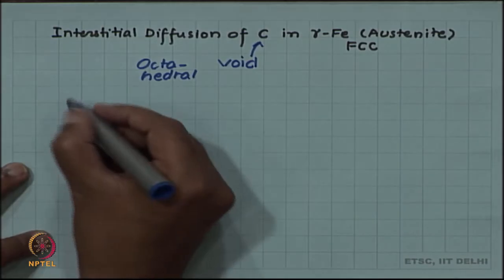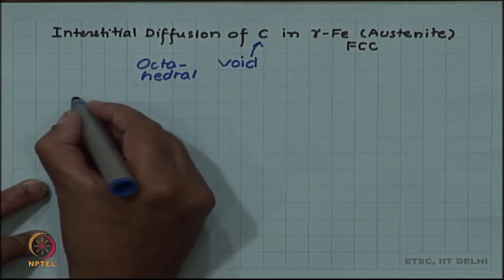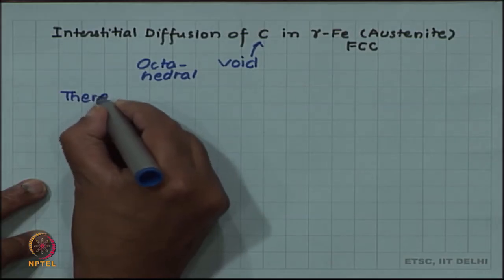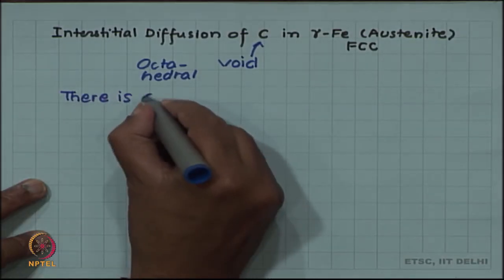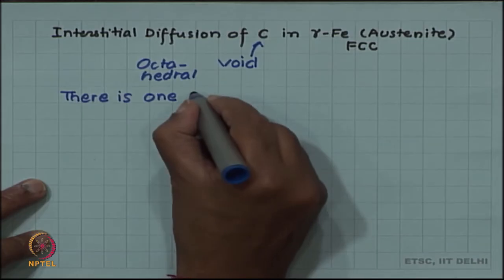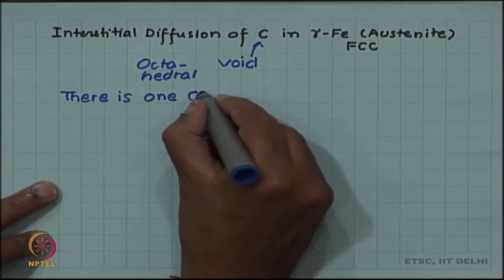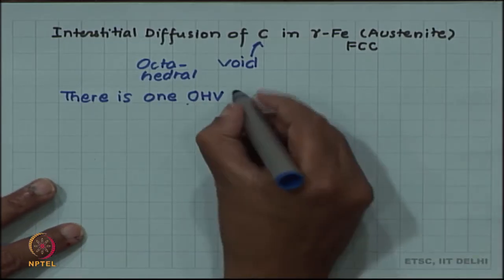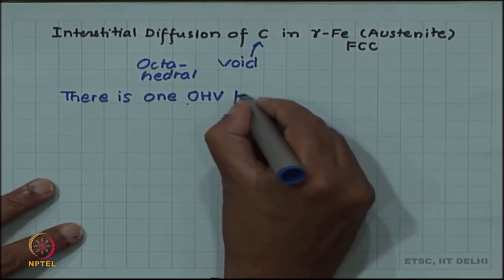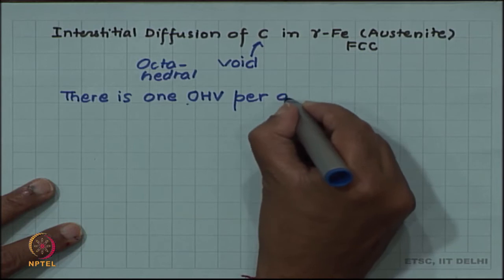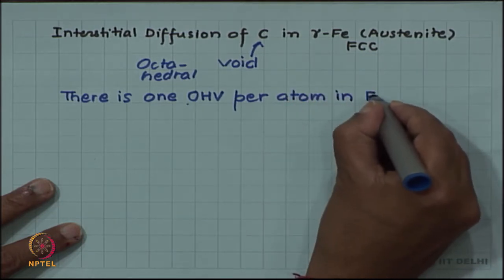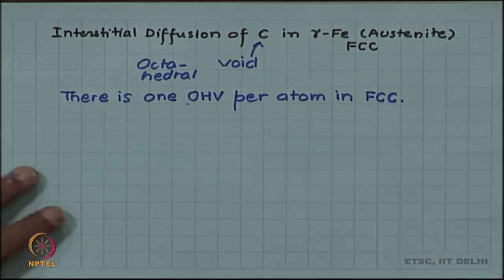So, if you now recall, when we discussed voids, we said that there is one octahedral void, let me write OHB for octahedral void, per atom in FCC.